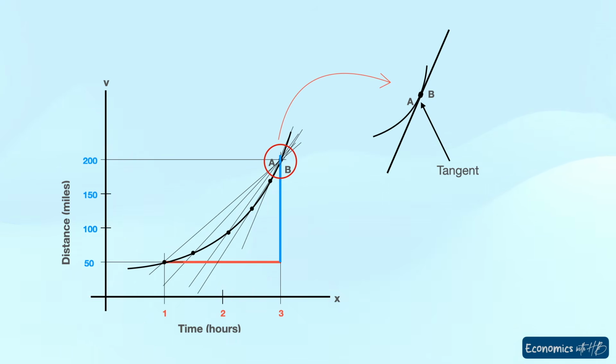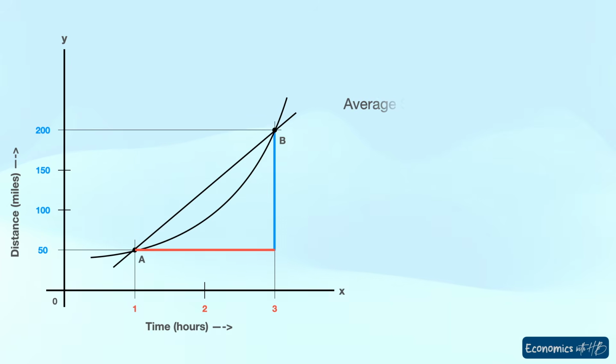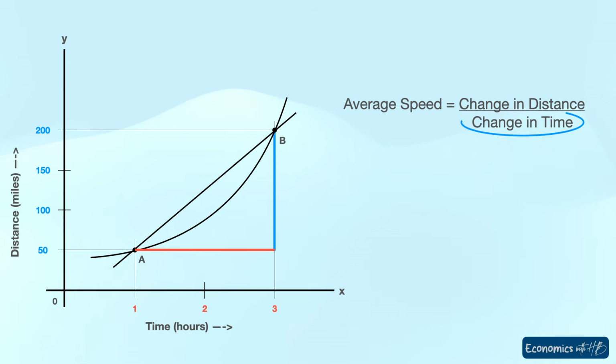You may ask, why bring the points A and B so close to each other so that the time interval between them becomes minuscule? Why not merge the 2 points to get the tangent? Well, that is exactly the intent. If you see the equation here, average speed is equal to change in distance divided by change in time. Change in time cannot be 0 for the mathematical equation to hold.